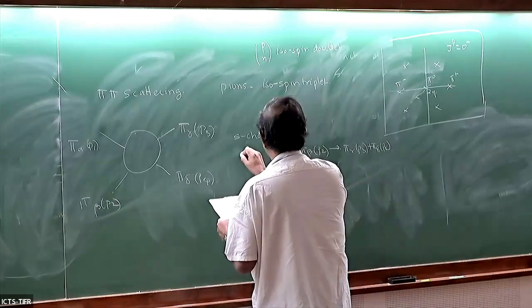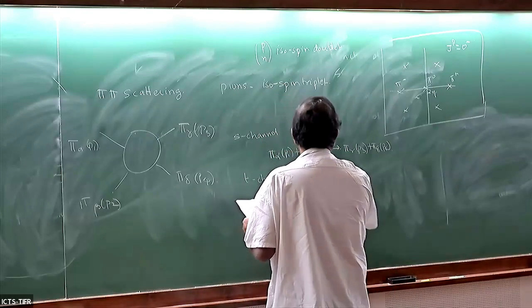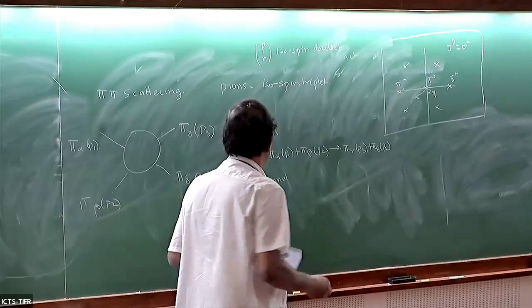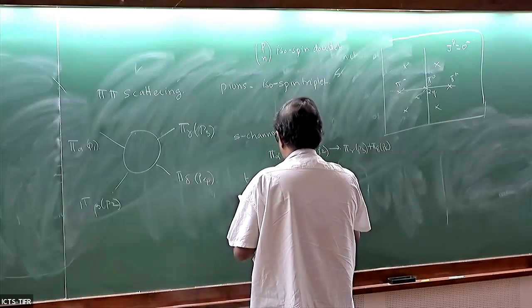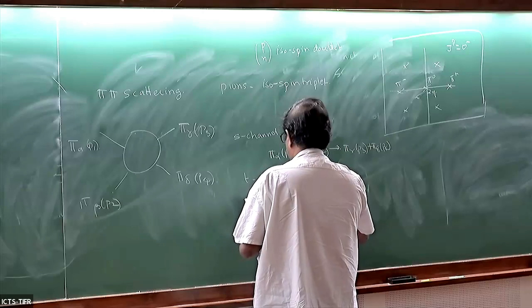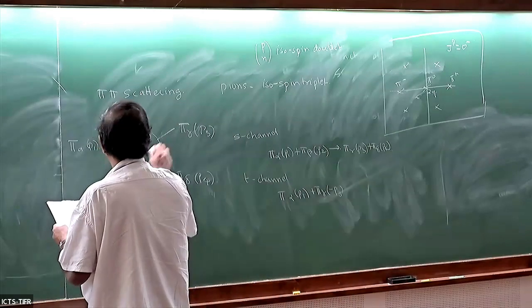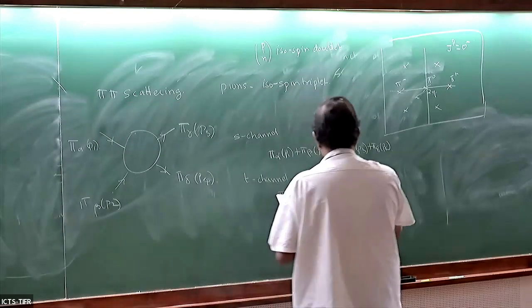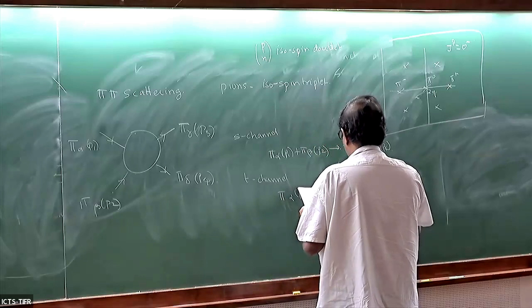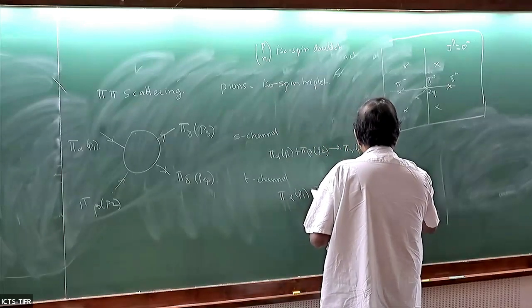The T channel comes from crossing these particles, and then you get pi alpha p1 plus pi gamma with minus p3, and pi beta with minus p2 plus pi delta p4. Here I should have some arrows: in, in, out, out. Different books have different conventions, so please keep that in mind.